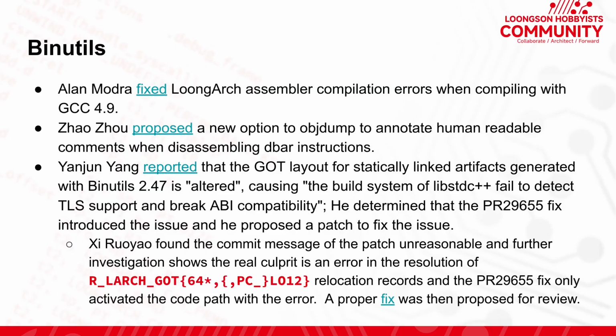He fixed the LoongArch assembler compilation errors when compiling with GCC 4.9 by avoiding C99 style variable declaration after statements, because the old GCC does not support such a declaration. Though I don't know why someone must compile the LoongArch assembler with such an old compiler.